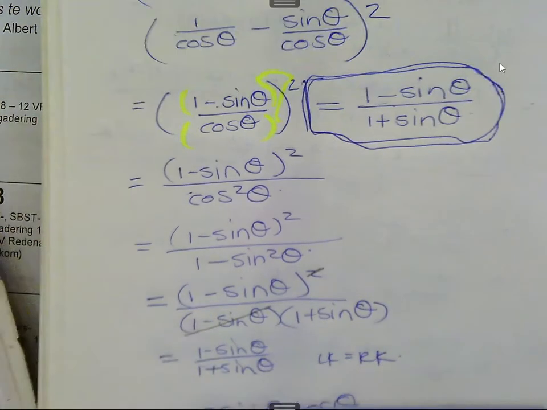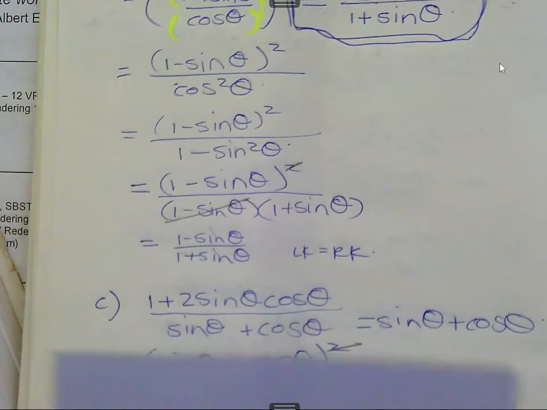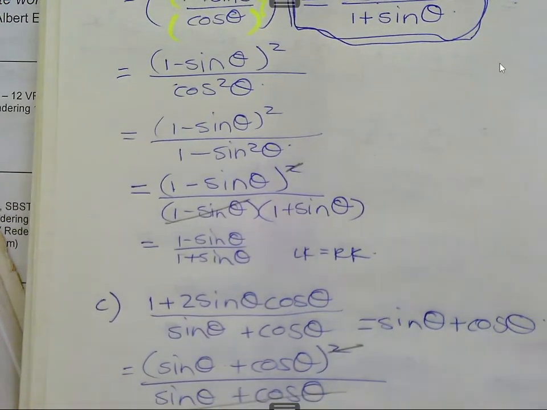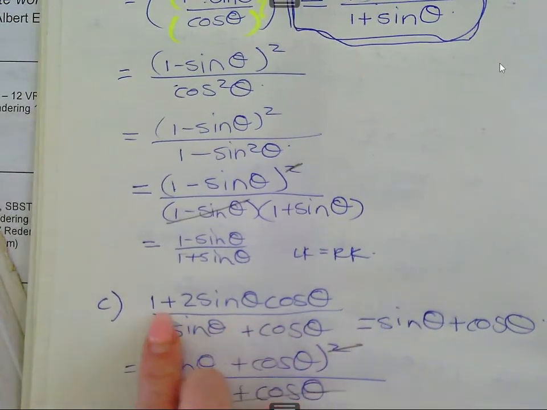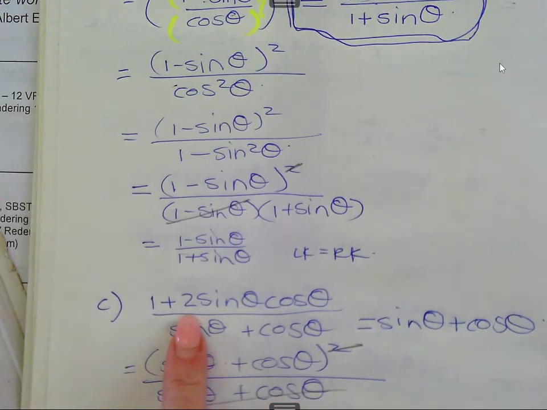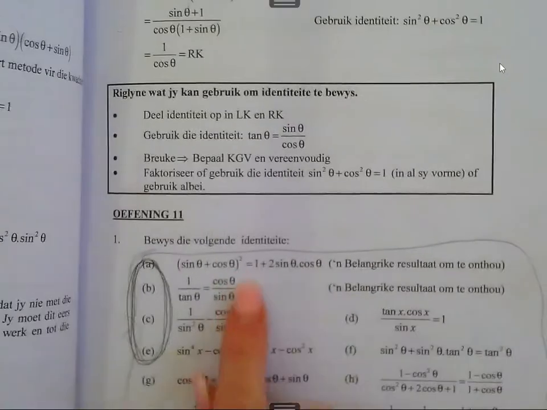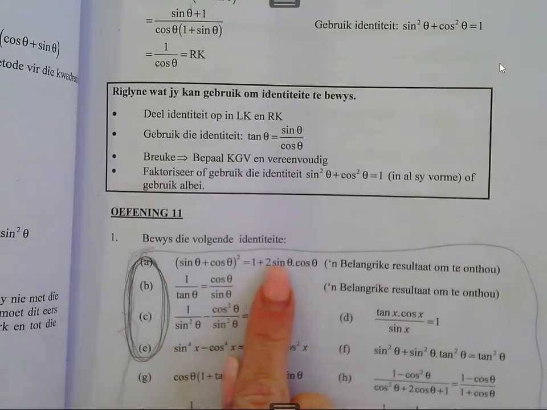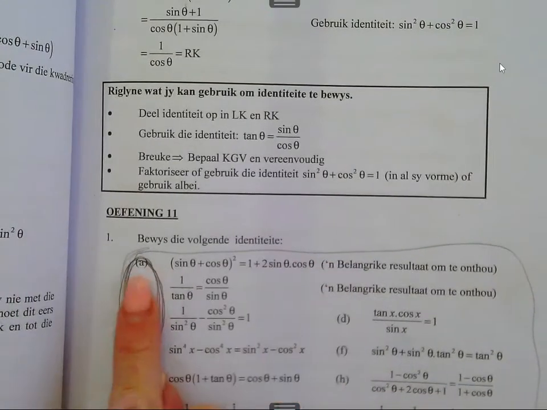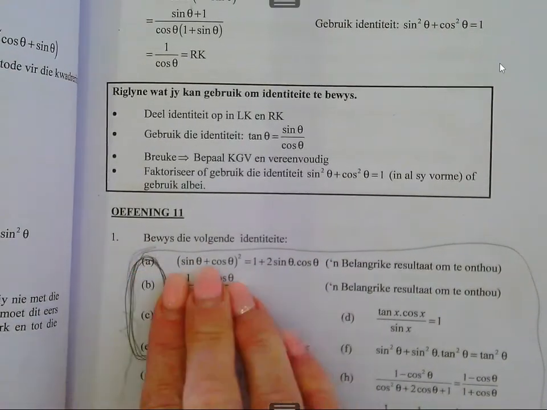Okay. Now I just want to quickly show you what happened at C. The reason I didn't want you to do it is because it's never happened. They told you at C that you must refer to number 1A in your textbook. So I just want to show you 1a. 1a said that 1 plus 2 sin theta cos theta is sin plus cos squared. Do you remember that sum?